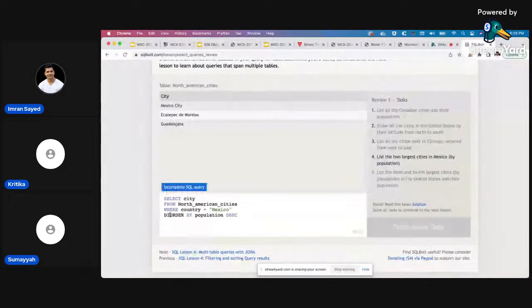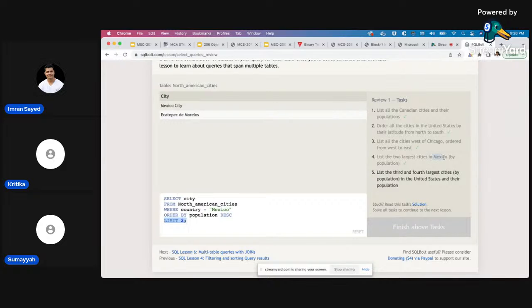Is it offset? No, limit, not offset. Limit one. Limit goes to the last. So okay, you want two, not one. Perfect. So list two largest cities. So that's why I put limit two.